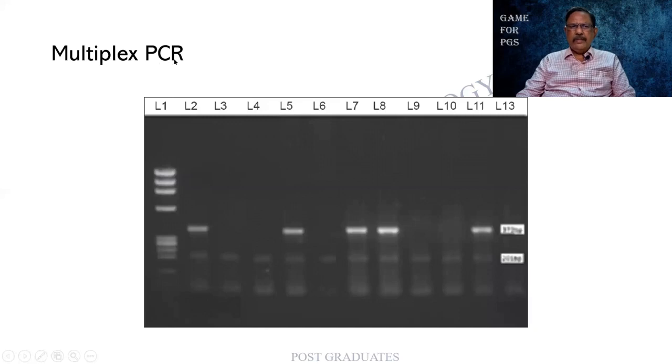There is yet another method called the multiplex PCR. So here you find it is positive, whereas towards the 11th, 12th, it is negative, 13. So this is important for us. Multiplex PCR, polymerase chain reaction. And why so much work is being done on the leprosy bacillus?